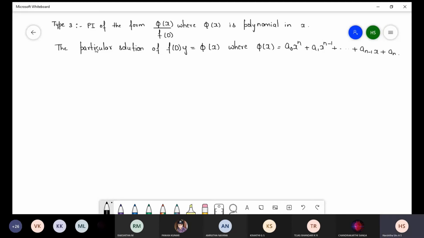In this form type 3 will be there, means everything is filled with x values in the form of a polynomial equation.